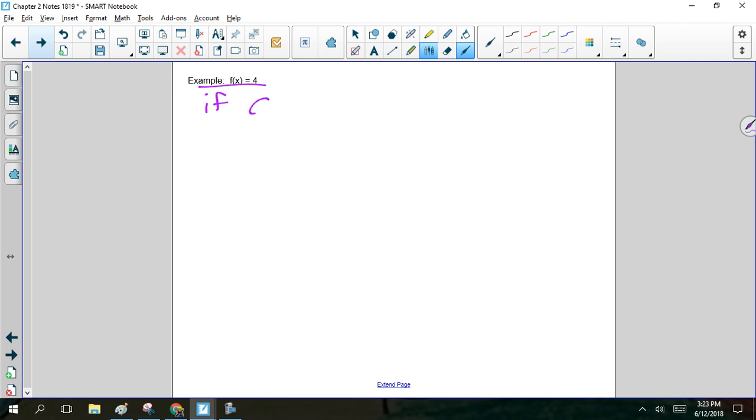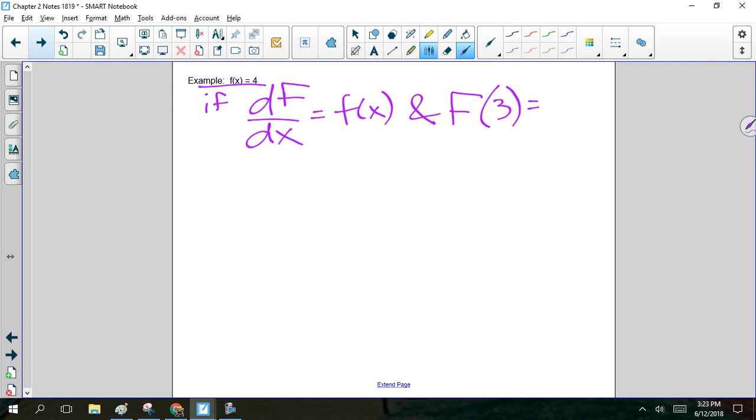If the derivative of capital F of x with respect to x is f of x, and F of 3 is, say, 5, then find capital F of x. Sorry, I hope you're picking up on the difference between my capital F's and my lowercase f's.